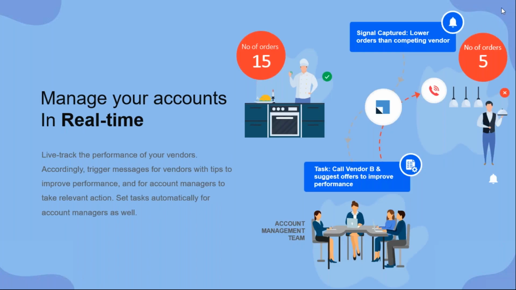Let's say you have an account, any type of account, the signals can be triggered in the system. So a signal can be, let's say, if performance is going down.